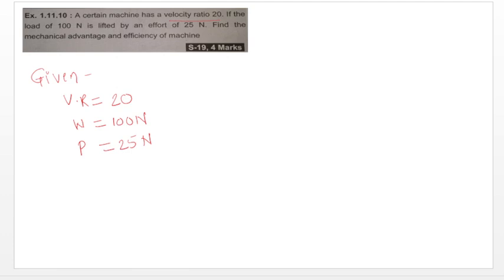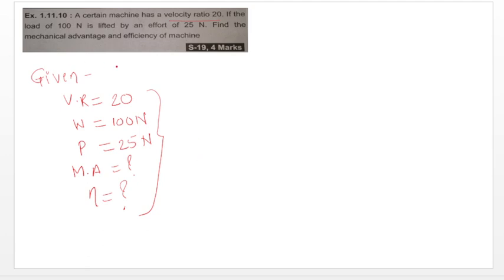Find the mechanical advantage. What is the mechanical advantage? And second one is what? Efficiency, eta, is equal to what? Like this way, you have to write your given data.